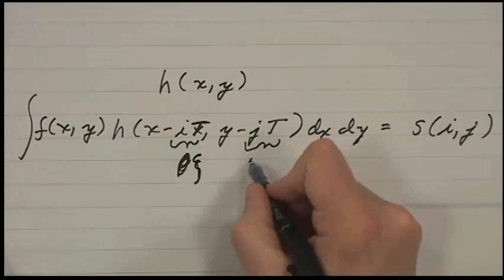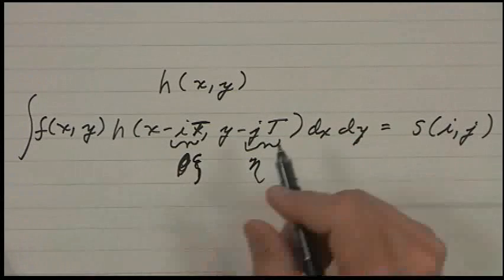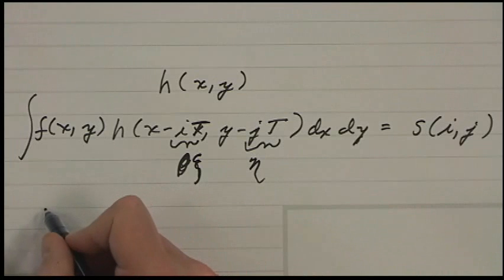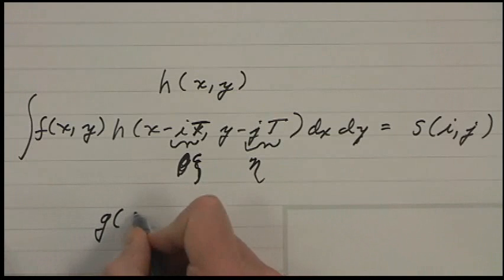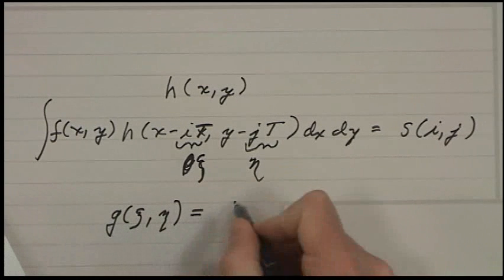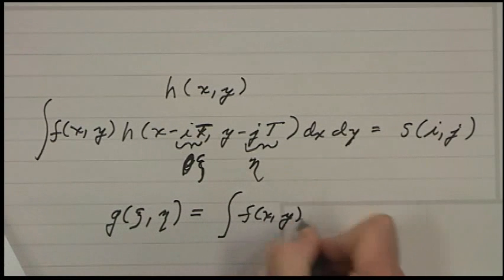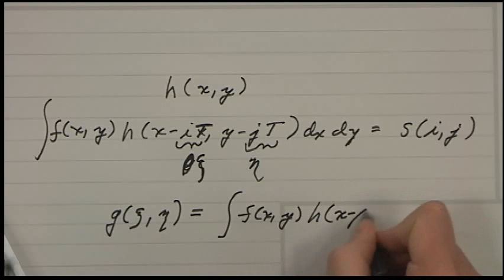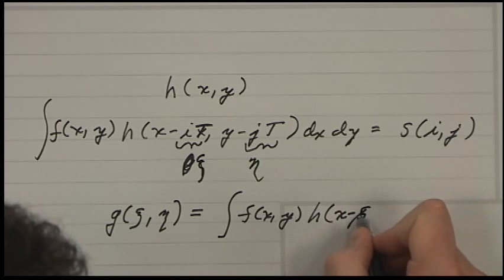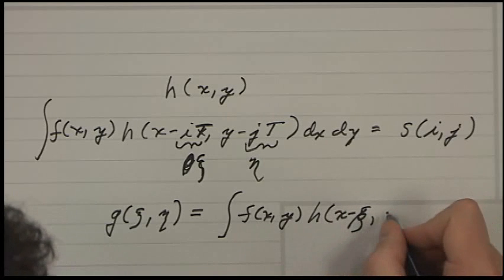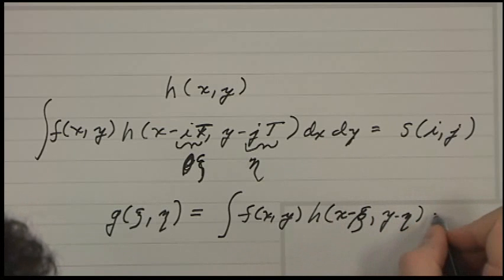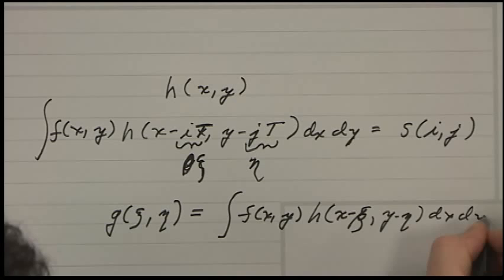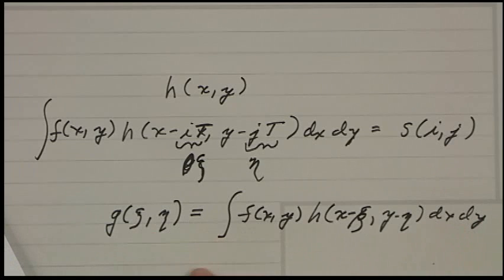Then if I define g of xi eta to be equal to the integral over f of x y, h of x minus xi, y minus eta, dx dy, then this almost looks like convolution. It would be convolution if I just had the negative here, by the commutativity of convolution.